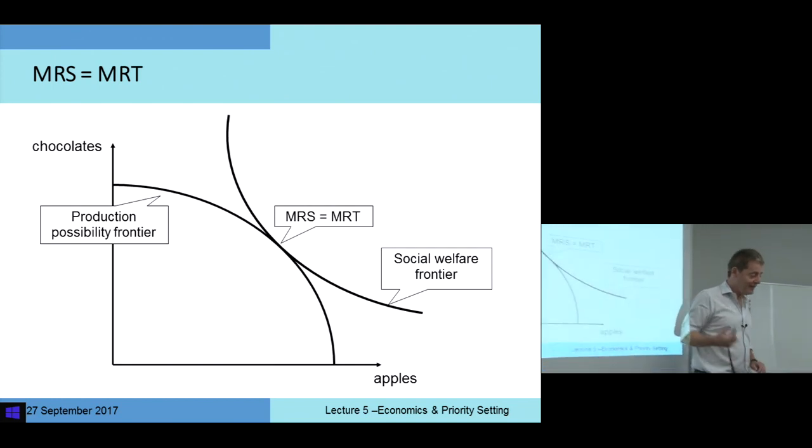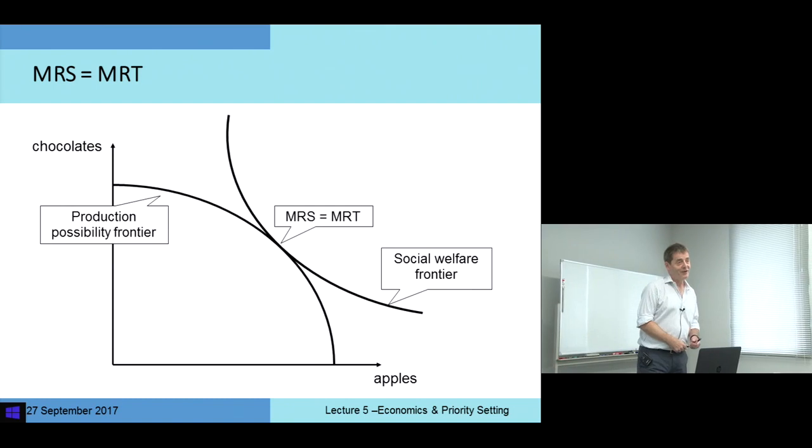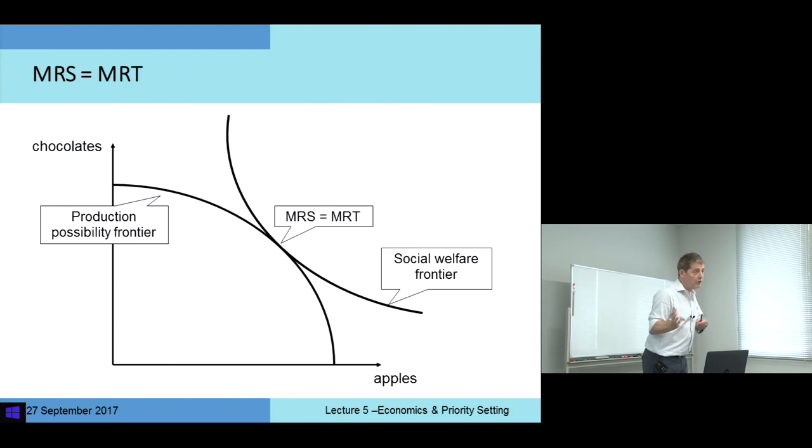And so we achieve it at the point of tangency between the 2 curves, and of course that point, well, maybe not of course, where the slope of the production possibility frontier is equal to the slope of the social welfare frontier, the marginal rate of transformation is equal to the marginal rate of substitution. And we can't do any better. Doesn't matter how we consider more chocolate or less apple, we can't do better than that.